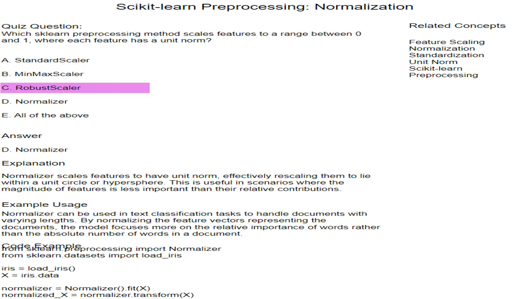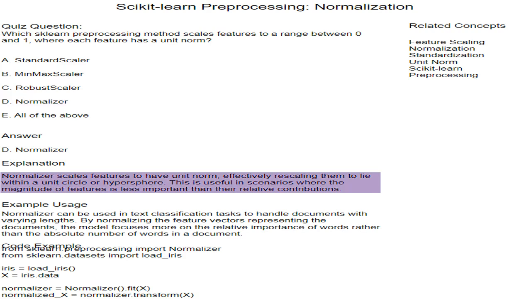False. D, Normalizer. Normalizer scales features to have unit norm, effectively rescaling them to lie within a unit circle or hypersphere.